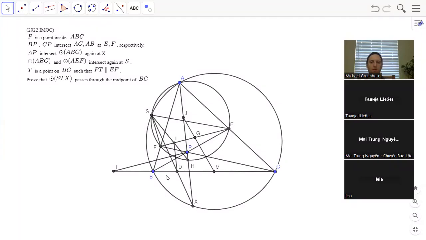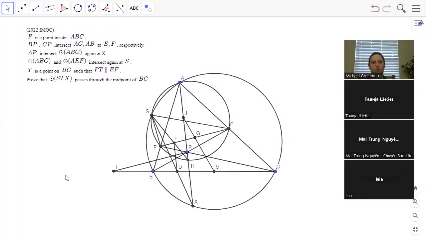But maybe we could use trig again to do that. I think this can be trig bashed, since we could use the exact same calculation for triangle BSC. BSC.